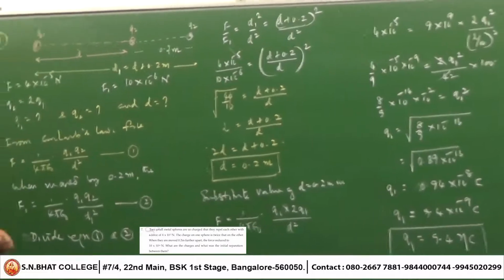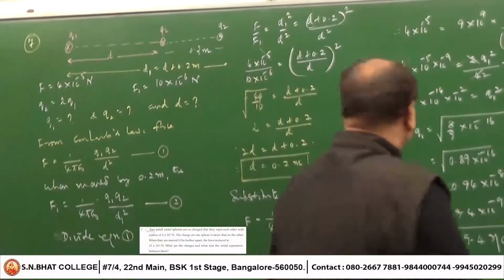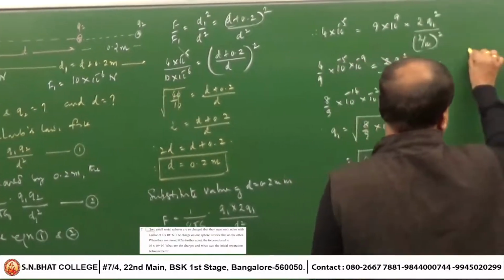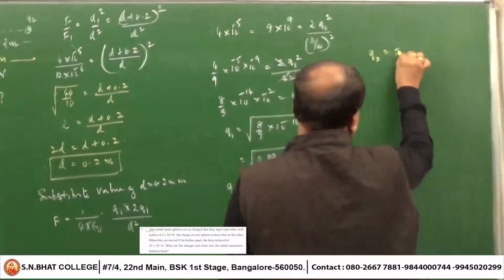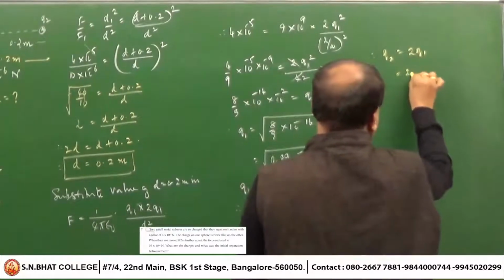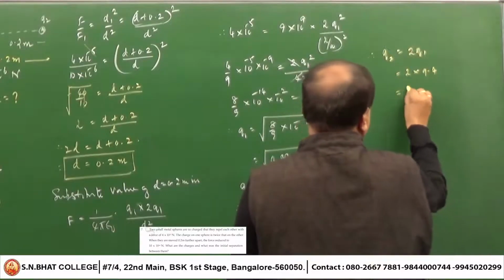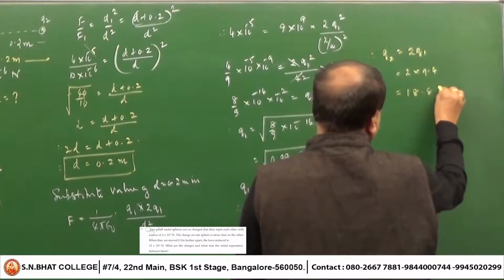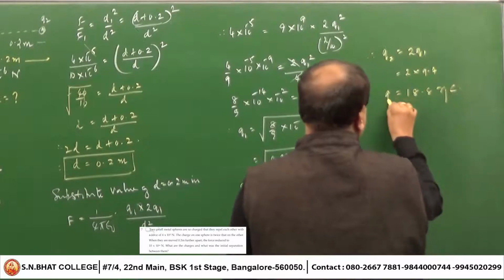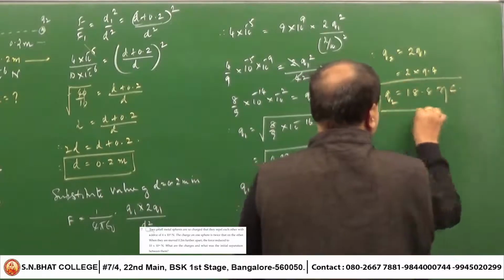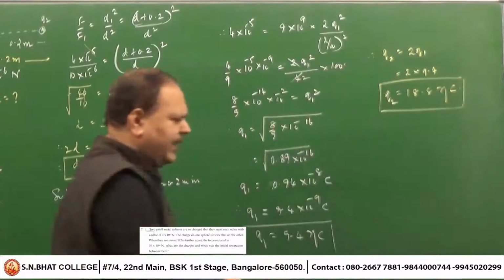What is the value of Q2? Substitute this in the equation number that is there. Your Q2 is equal to 2 into Q1. 2 into Q1 is 9.4, and therefore this comes out to be 18.8 nanocoulomb. So what you have calculated?